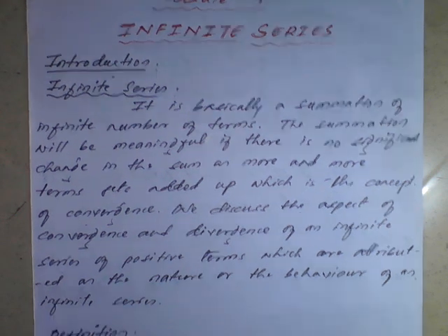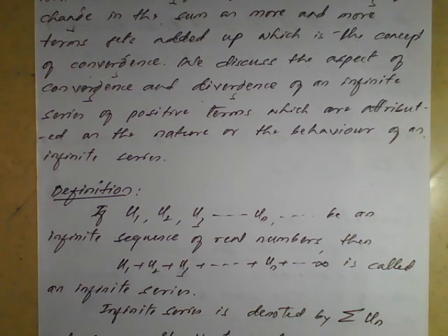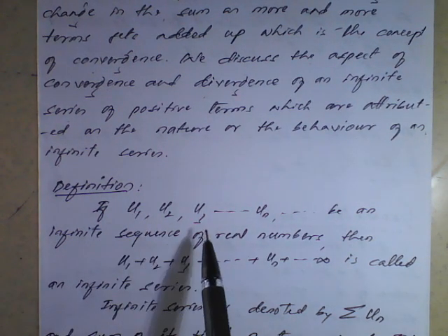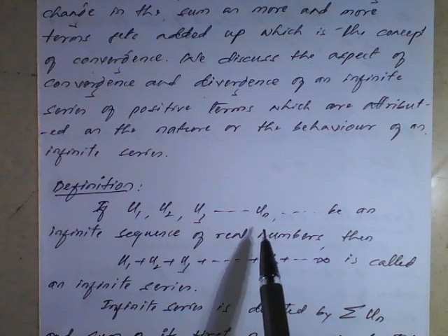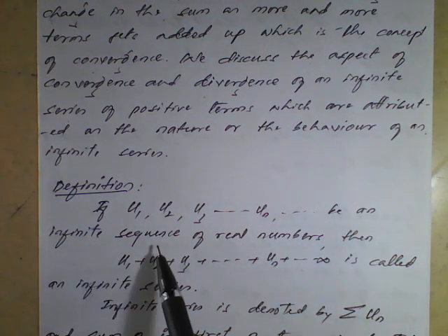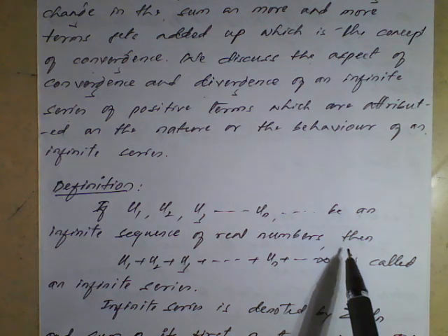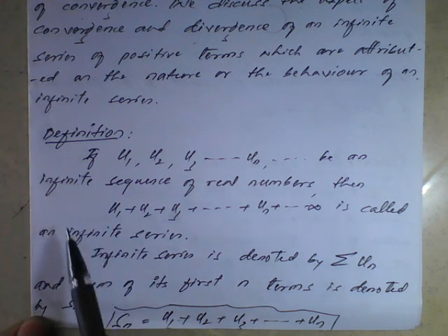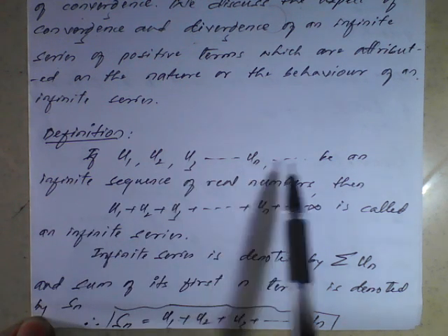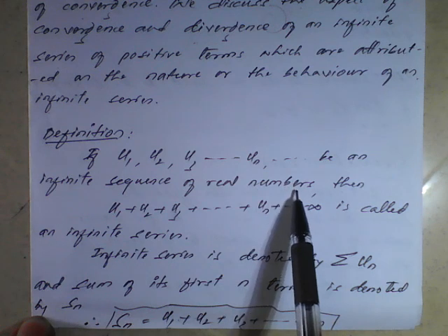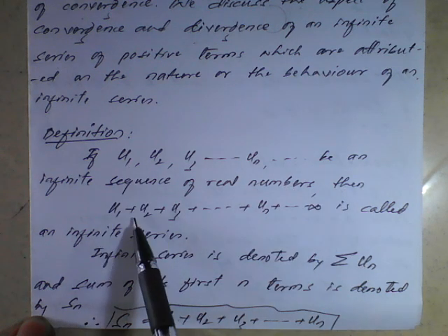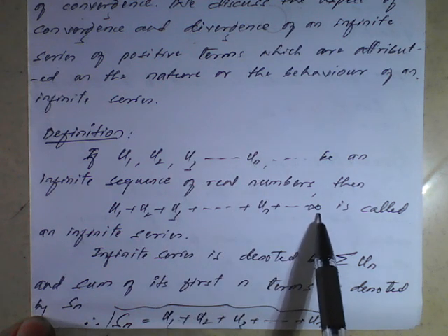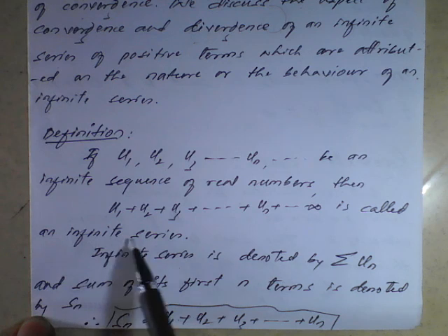So here is the definition: if u1, u2, u3, so on un be an infinite sequence of real numbers, then u1 plus u2 plus u3 plus so on un plus so on, till infinity, is called an infinite series.